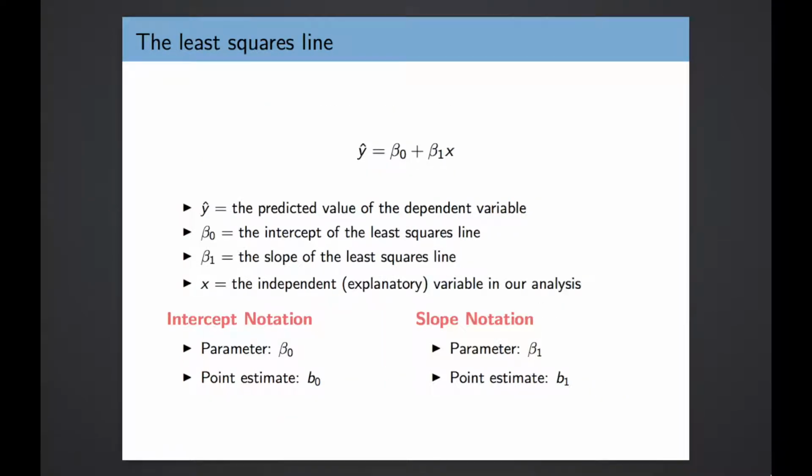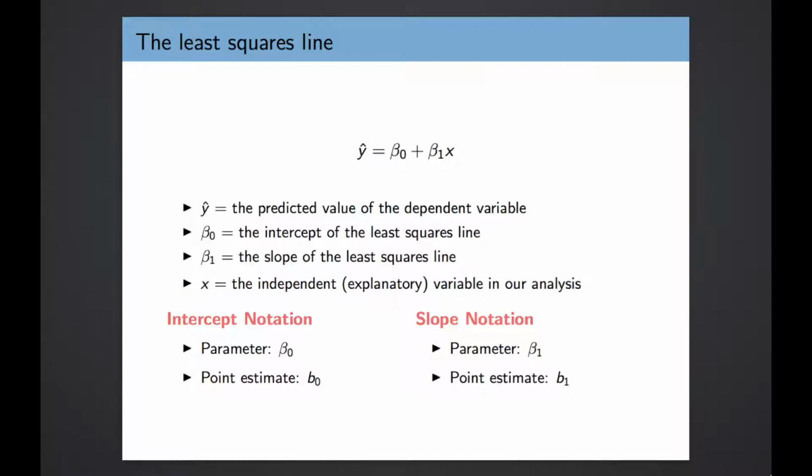Putting those mathematical and computational details aside, here is the formula for finding points along the least squares line. So we have y hat is equal to beta naught plus beta 1 times x. So let's go through what each of those variables means. Y hat is the predicted value of the dependent variable.